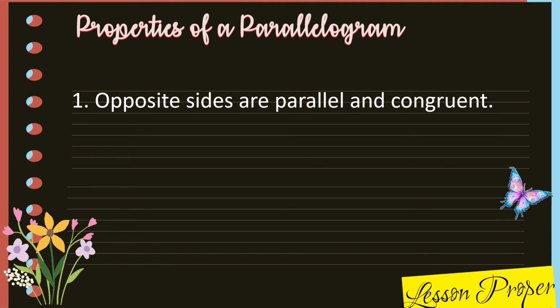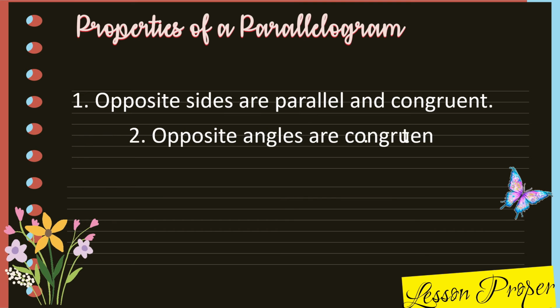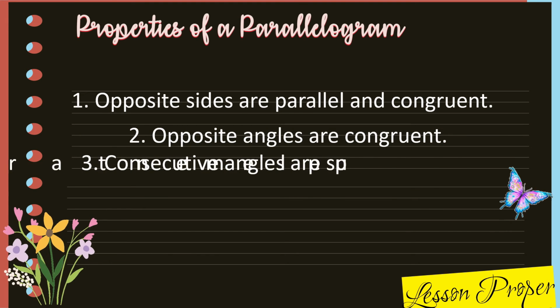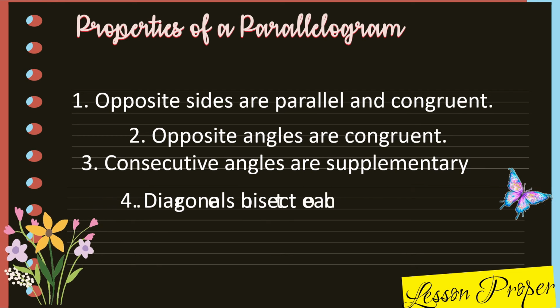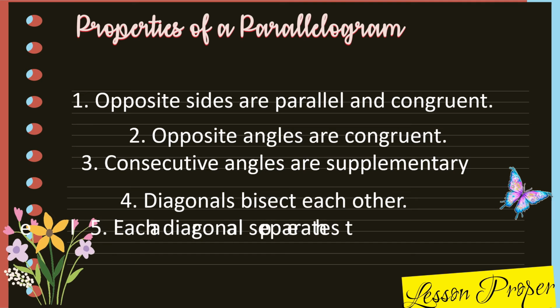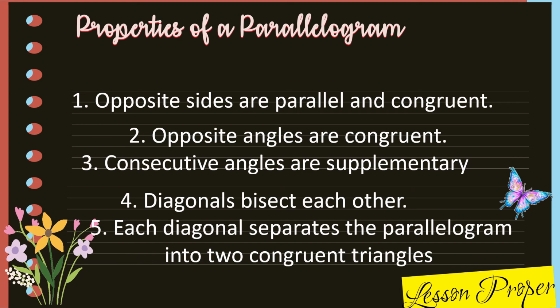Opposite sides are parallel and congruent. 2. Opposite angles are congruent. 3. Consecutive angles are supplementary. 4. Diagonals bisect each other. And 5. Each diagonal separates the parallelogram into two congruent triangles.